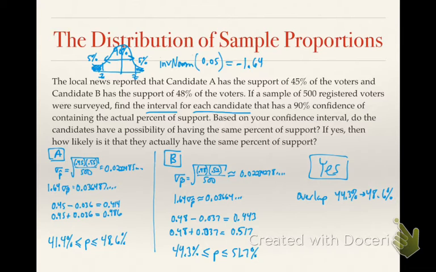Now you may notice that the maximum of the interval for candidate A is above candidate B's sampled proportion, and the minimum for candidate B is below the sampled proportion for candidate A. So I would say yes, it is fairly likely.